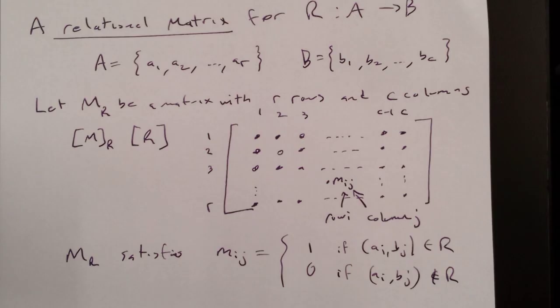That's it. I put a 1 where things are in the relation. I put a 0 where they aren't. This idea applies to any relation, whether that relation is on the set, so from A to A, or from one set to another. Example.